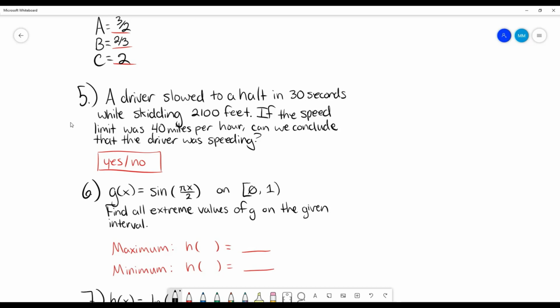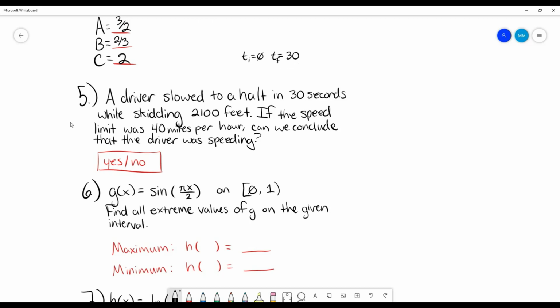Well, I know that they go a distance of 2,100 feet over a time span of 30 seconds. So I know that our final time is going to equal 30, and our initial time, when they started the skidding, is 0 seconds, obviously, because it took them 30 seconds.